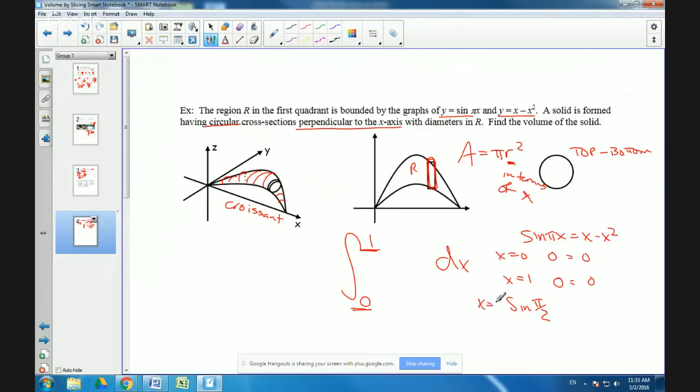So this is 1/4. What's sine at pi over 2? It's 1. So this is the top.